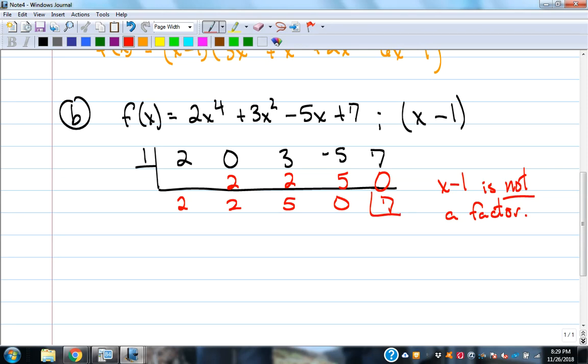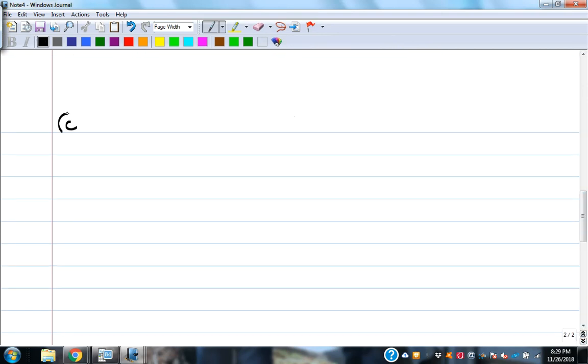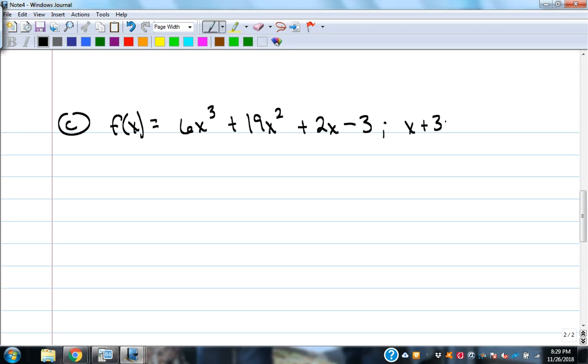All right, so let's take a polynomial and start factoring it further after we've done the first one. So let's take this one, for example. Here's our first polynomial that we're going to start with, 6x to the 3rd plus 19x squared plus 2x minus 3, and they're telling us x plus 3 is a factor.